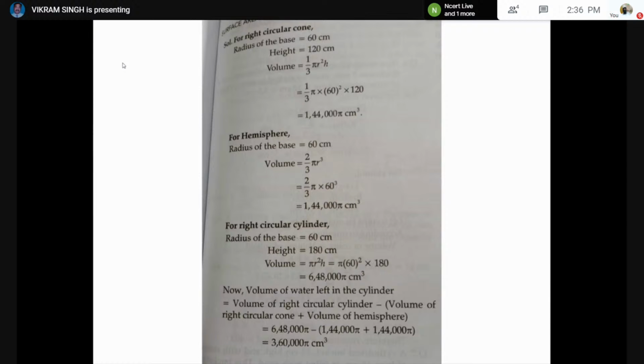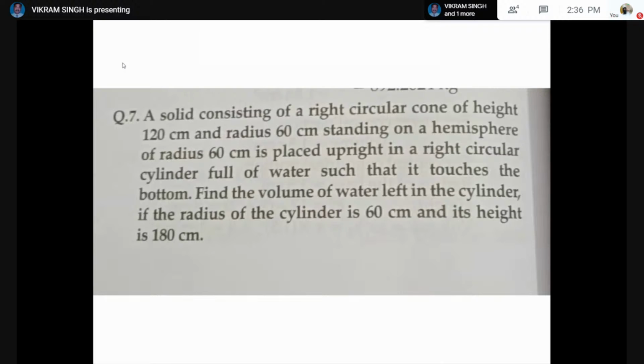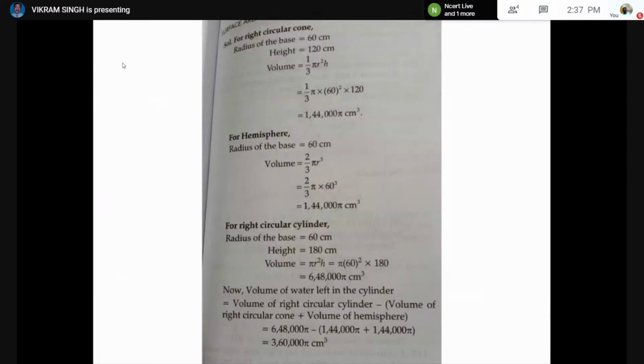So automatically we are having the required volume, because it was asked in the question to find the volume of the water left in the cylinder. You have to calculate the amount of that water which is left in the cylinder after that. So it is 360,000 pi centimeter cube. I hope that this is all about the question.